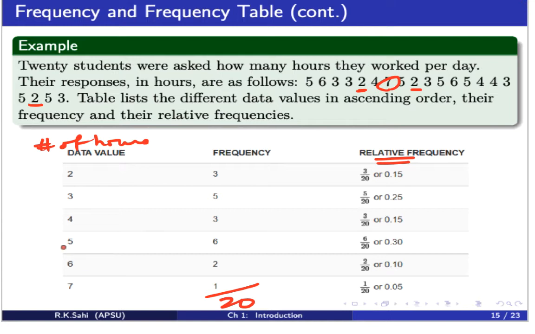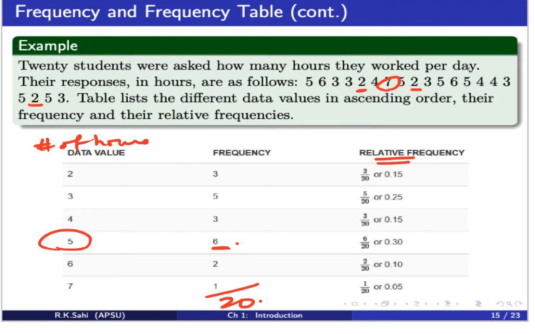Similarly, 5 hours was worked by some of the students in the sample set, and there were 6 of them. So the relative frequency is 6 divided by 20. And similarly, you can do this for all the rest of the data values.